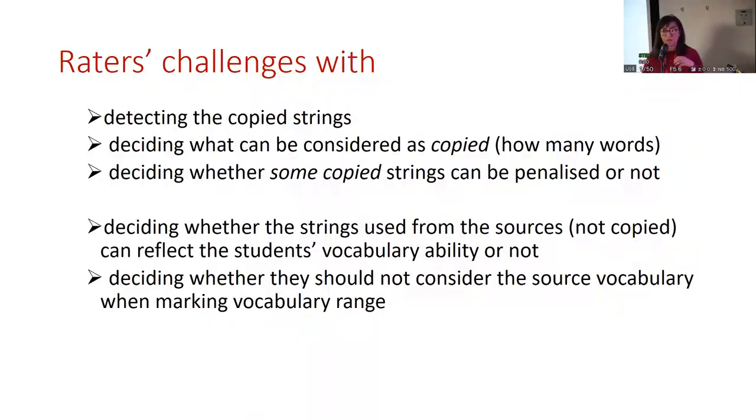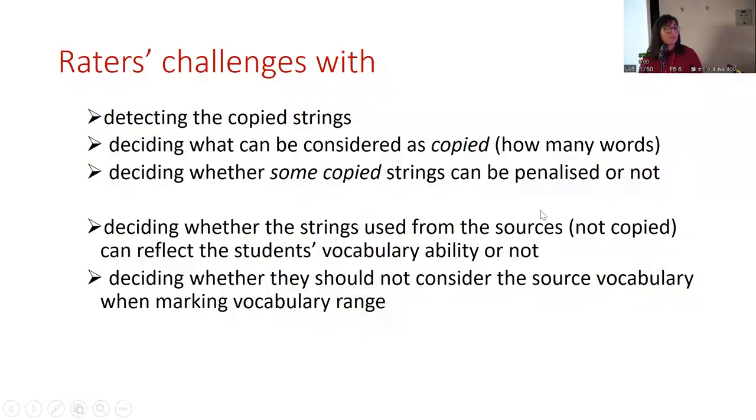So when evaluating vocabulary range, what should we consider as a good indicator of vocabulary range? If the student has used a word from the source text skillfully and accurately, does it mean that he or she indeed knew this word, or just spotted it in the reading source text?